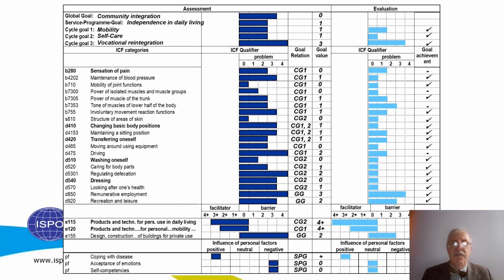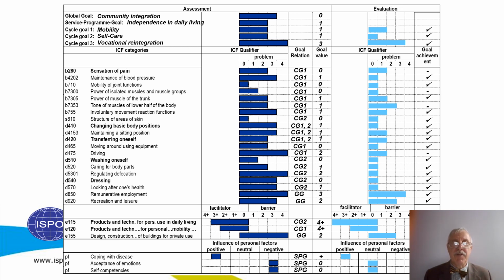And this is the final slide. These kind of score sheets are available from the ICF research branch, which is referenced in the next 2 slides. It has an assessment sheet with the ICF categories.